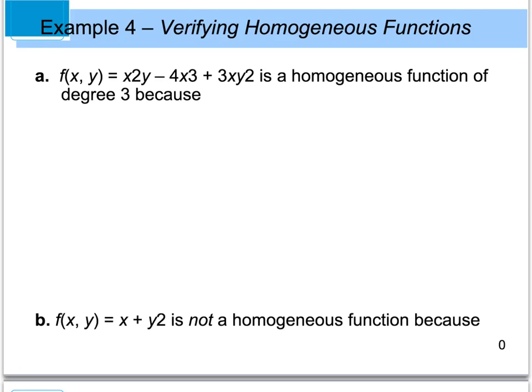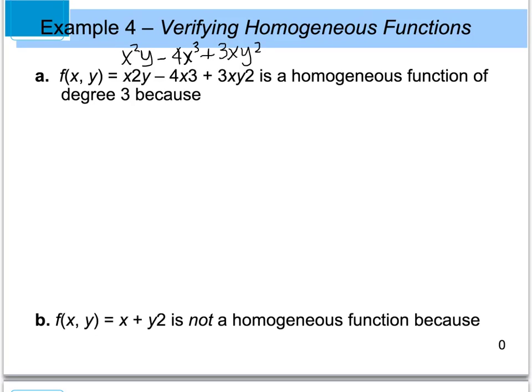As a first example. Now I do want to apologize, when I created the PowerPoint, the function didn't transfer over properly, so it should say f of x, y equals x squared y minus 4x cubed plus 3x y squared.